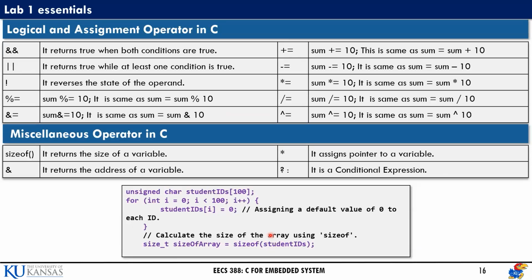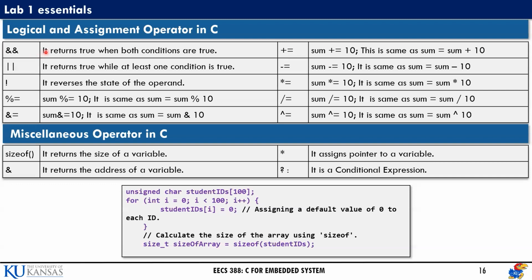We have logical and assignment operators in C. For example, this and is basically checking, it returns true when both conditions are true.